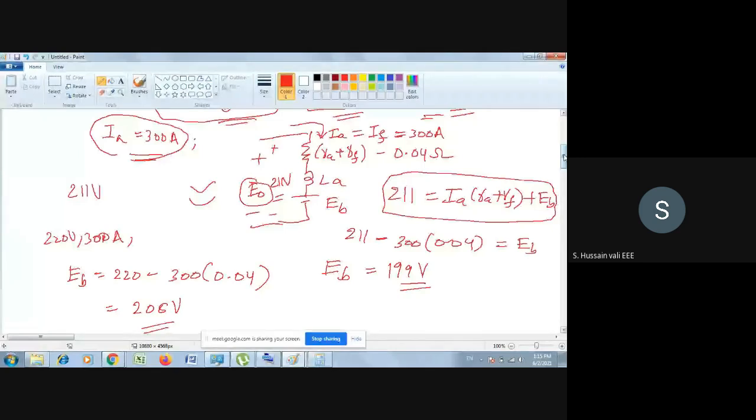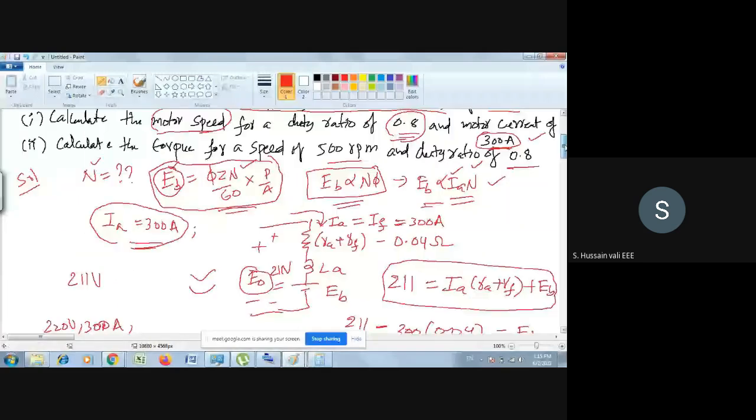I think in the problem he has given the duty ratio. So if he has given the duty ratio, one EB we got from the magnetization test. We need another EB, then only we will do something. But this EB is not useful here, because he said some duty ratio here.